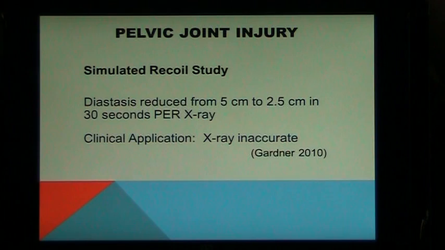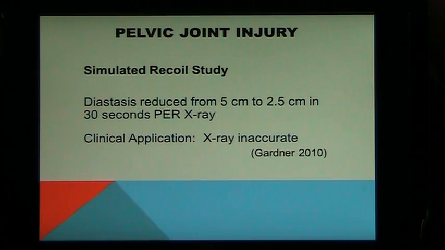Now, there was a really nice study done by Gardner et al., published in 2010. And it was a simulated recoil study. What they found was that with a diastasis, they were able to enhance it as wide as 5 centimeters.